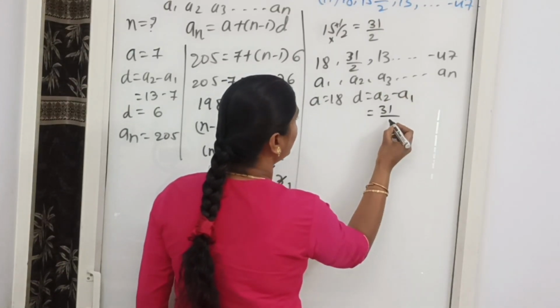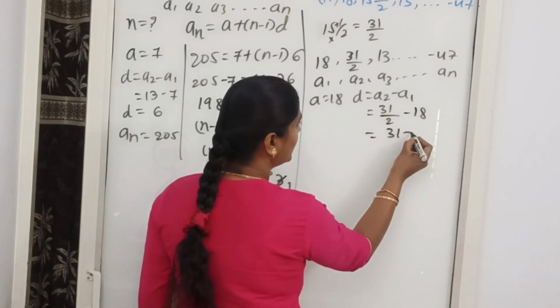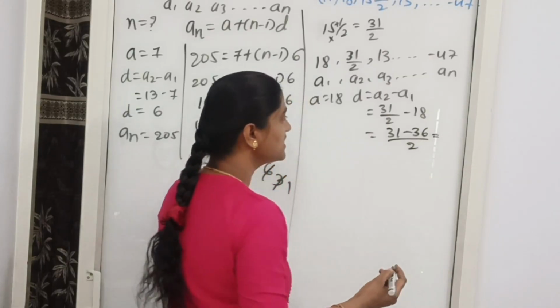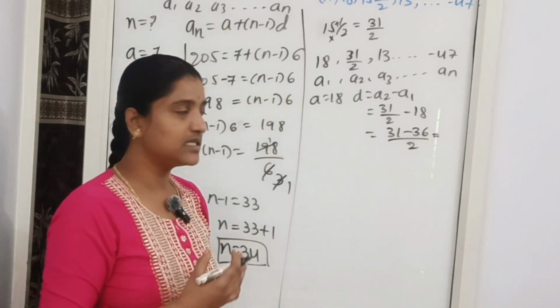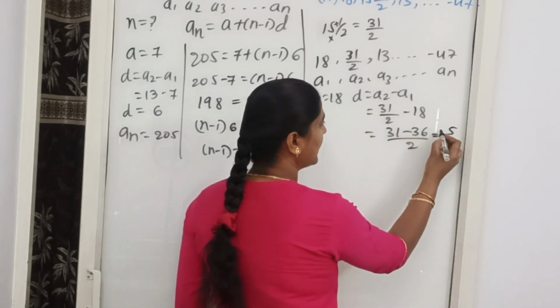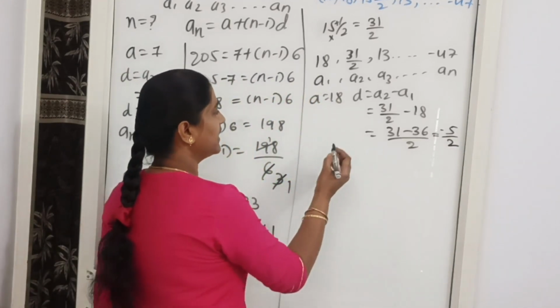A2 is 13 by 2 minus 18. So take the LCM: 13 minus 18 times 2 is 36, divided by 2, and it comes 31 minus 36, which is nothing but 5. The greater value is 36 and it has a negative sign, so minus 5 by 2. D is minus 5 by 2.